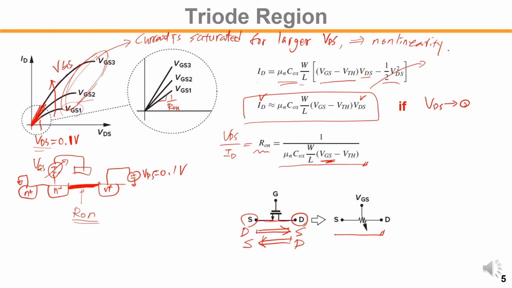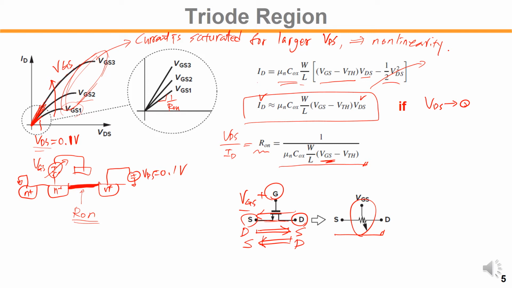Why is it important to identify this as well? Because the on resistance, the variable resistance, depends on VGS, the gate voltage versus the gate-source node voltage, right? In this case, current flows drain to source.